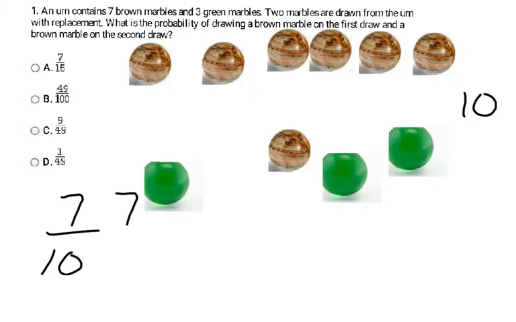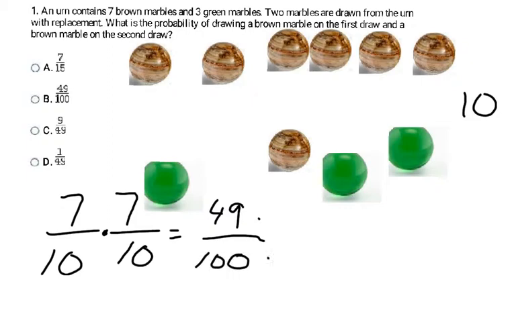There's still 7 brown marbles in there and 10 total. So to calculate the probability of that, I'm going to multiply. So when I multiply fractions, you multiply the top, so 7 times 7 is 49, and multiply the bottoms, 10 times 10 is 100. So 49 over 100, that doesn't reduce, so my answer here is B.